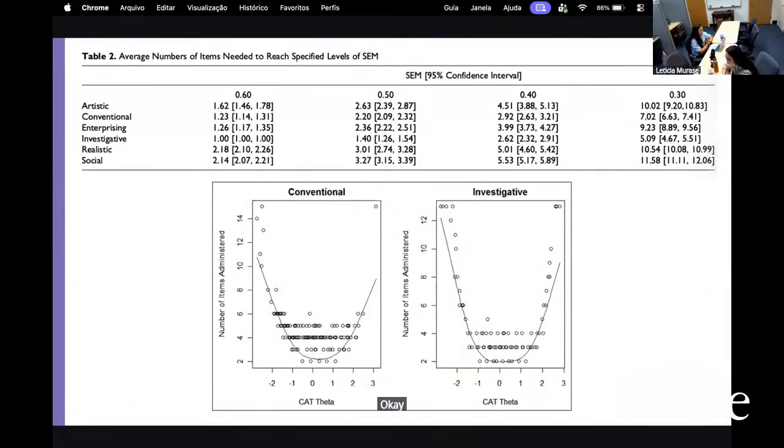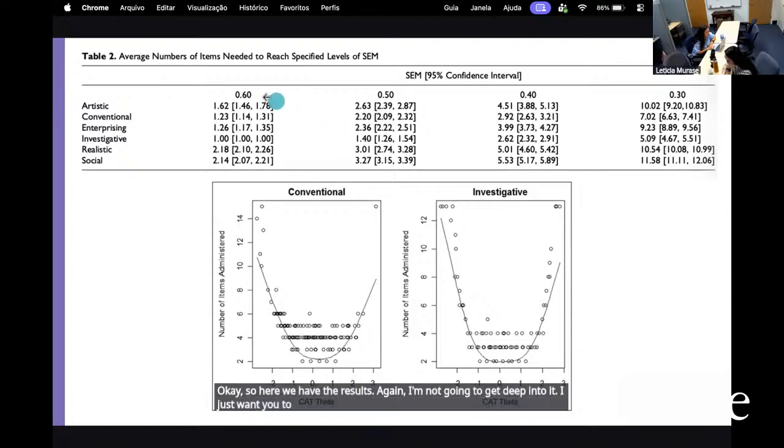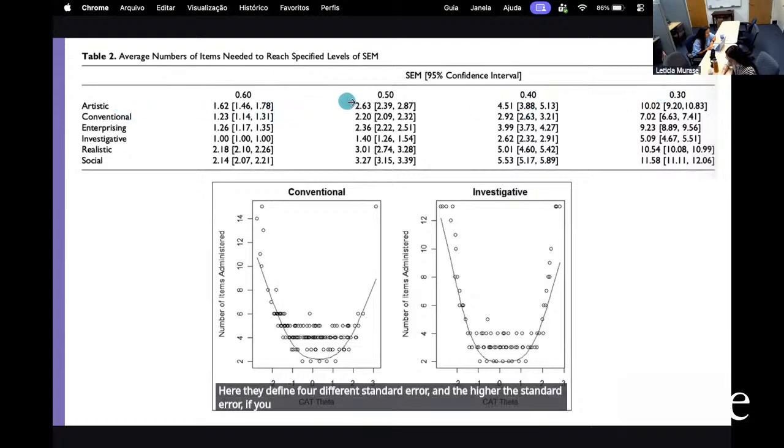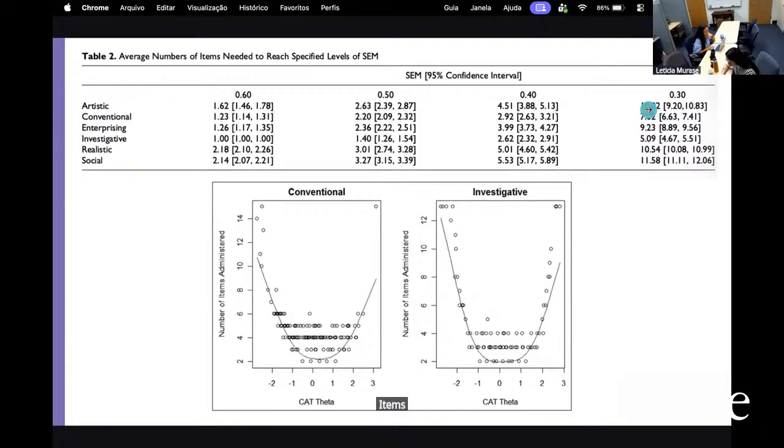Okay, so here we have the results. Again, I'm not going to get deep into it. I just want you to see that here they define 4 different standard errors. And the lower the standard error, if you take one scale, for example, the more items are necessary to be administered to reach this higher precision, lower error.